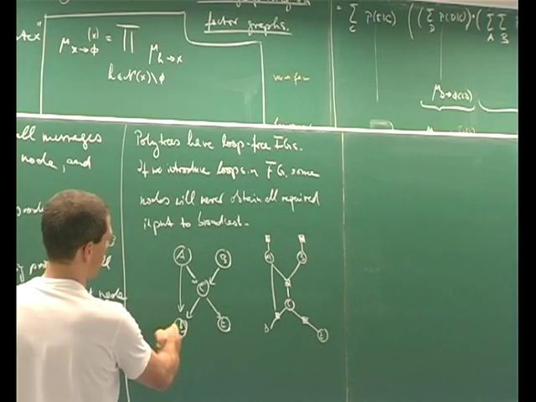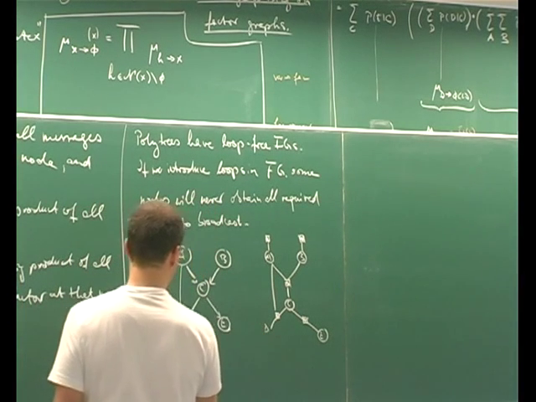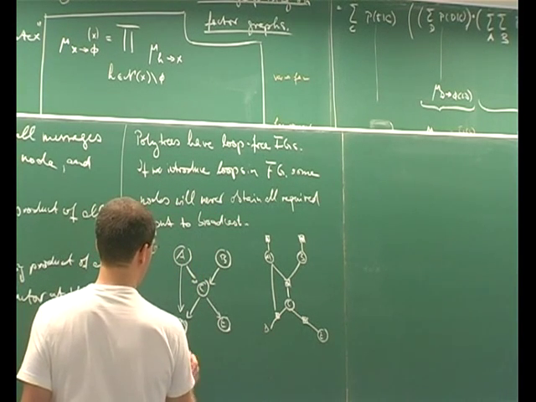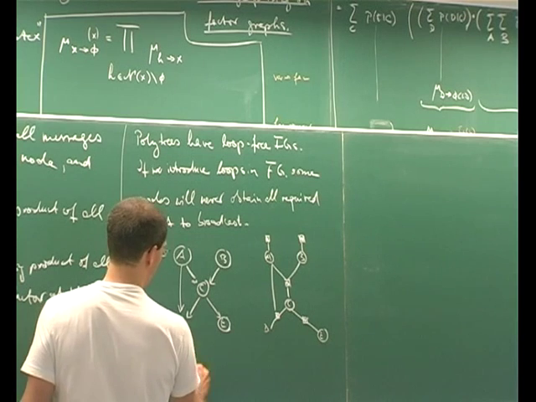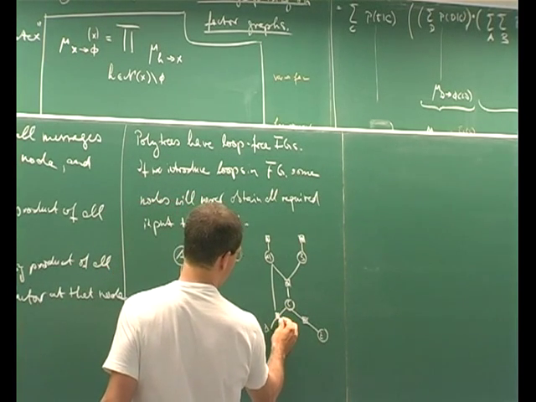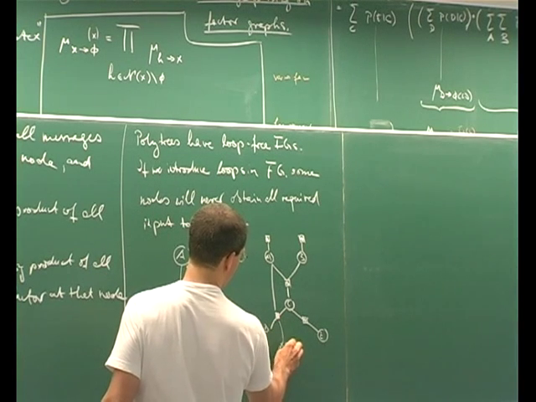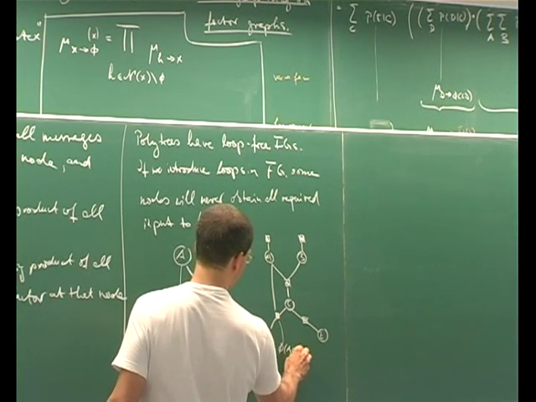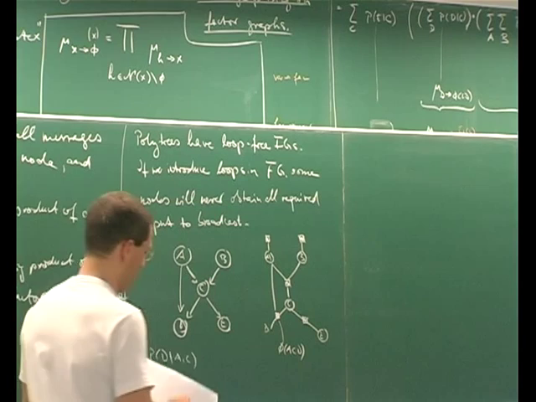So now we have this factor corresponds to the probability of D depending on both A and C. So I have a new ternary factor here. This factor depending on A, C, and D.